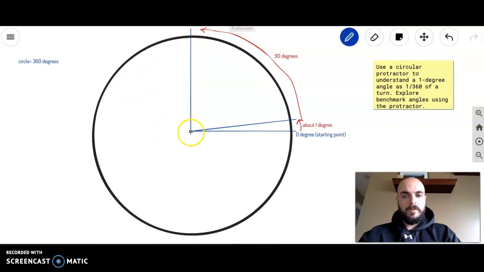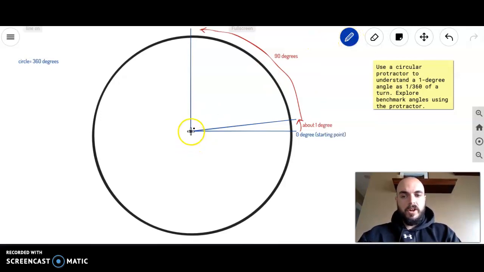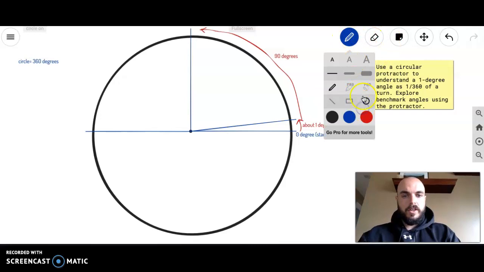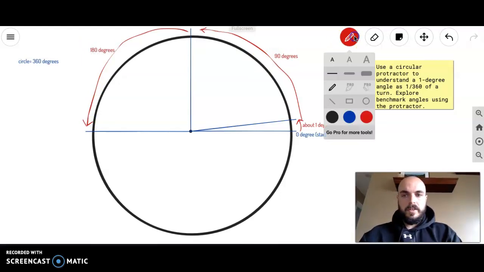What I'm going to do now is show you another benchmark angle, which is 180. 180 looks like a nice flat line from your 0 all the way across. So again, I'm going to draw it with red, continuing our turn around, and now labeling it. This is 180 degrees.